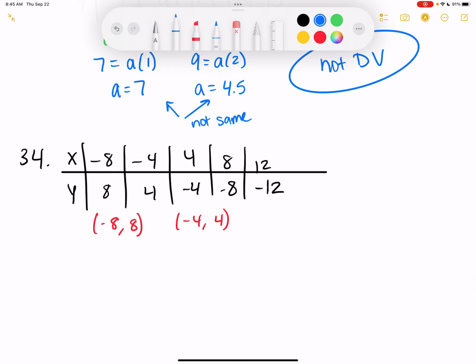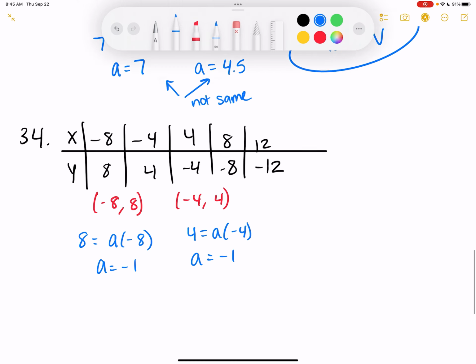So I have 8 equals a times -8. So a equals -1. Then for the other one, 4 equals a times -4. So a equals -1. So those are the same.